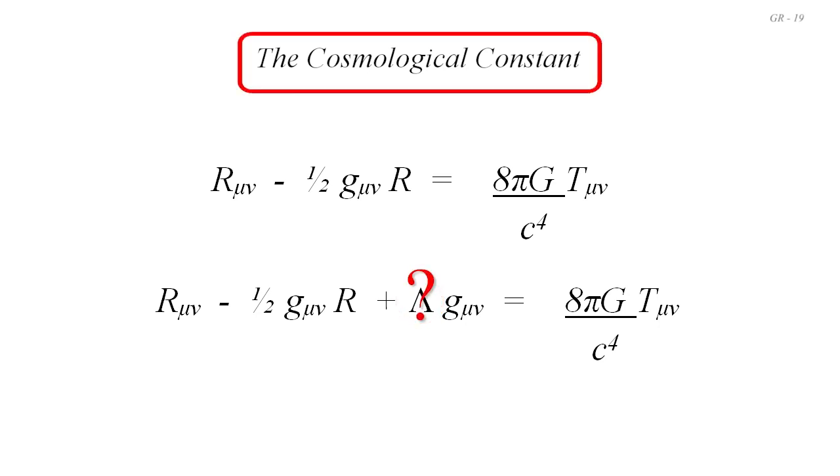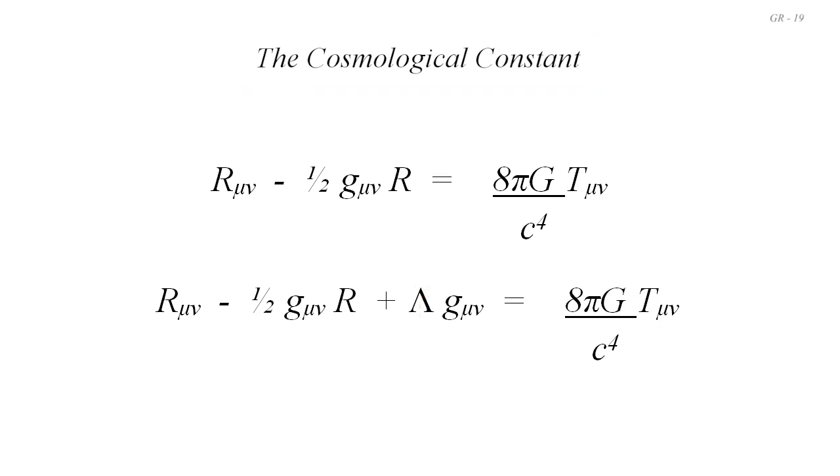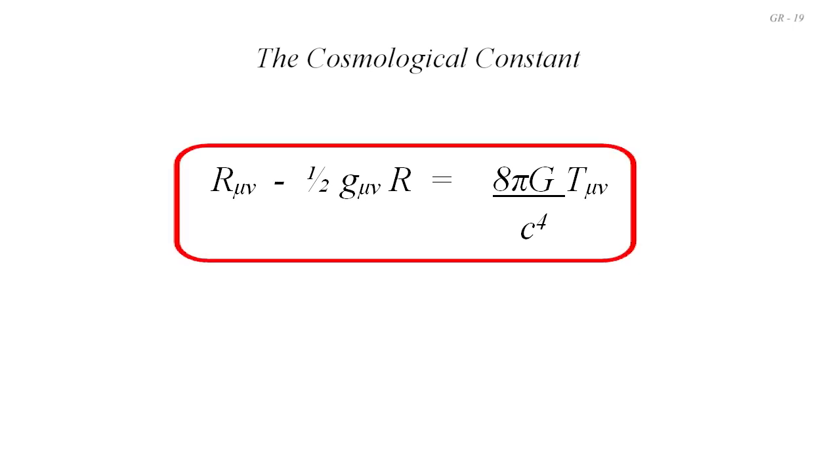Well, in order to do this topic justice, we would really need another fairly lengthy series of videos on cosmology, which would discuss the ways in which we might apply the bare Einstein field equations to the whole of the universe, to the cosmos, rather than simply to a limited region of space around a mass or whatever.